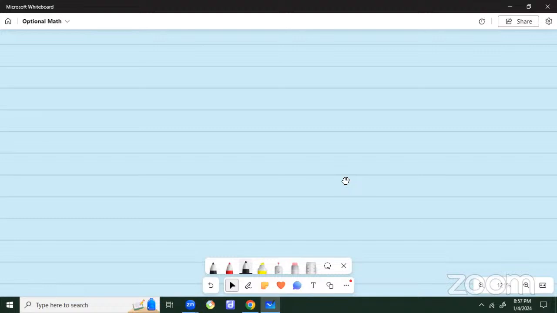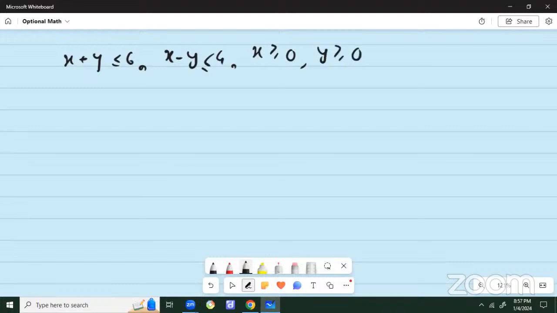Say we have x plus y less than or equal to 6, x minus y less than or equal to 4, and x greater than or equal to 0, y also greater than or equal to 0.